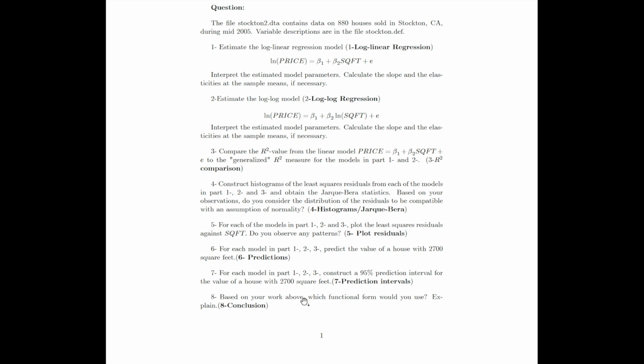Based on your work above, which functional form would you use? So this is where there's a little bit of interpretation. You want to explain yourself fully here, but based on the higher R squared value we got, the histograms of the residuals and the Jarque-Bera statistic, it seems like the log linear model confirms our normality assumptions and gives us the best fit of the data.